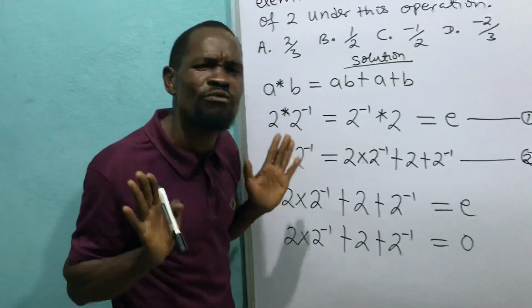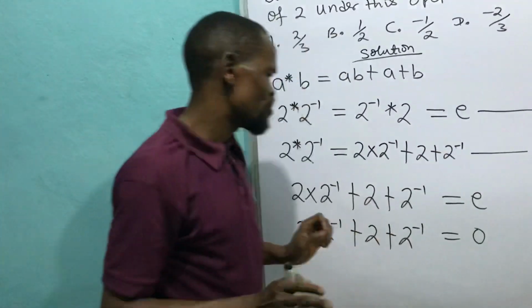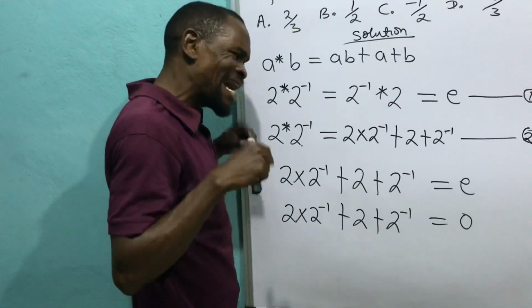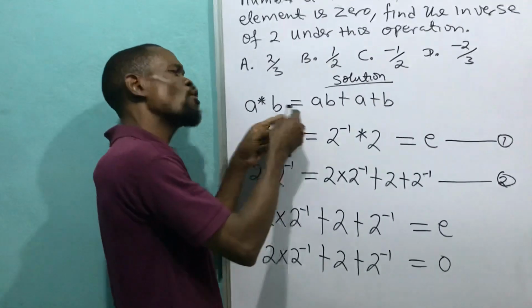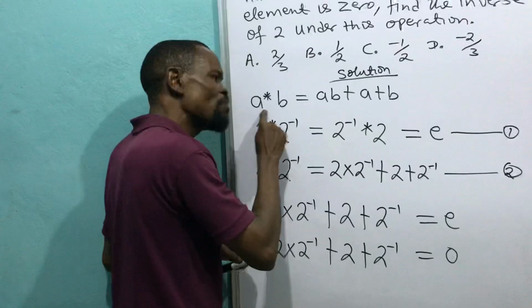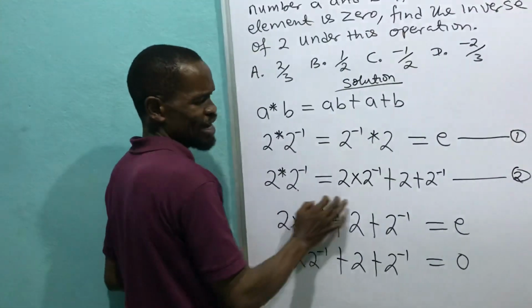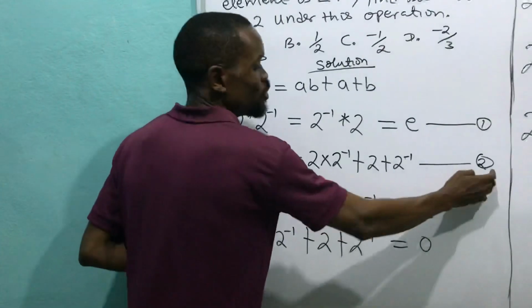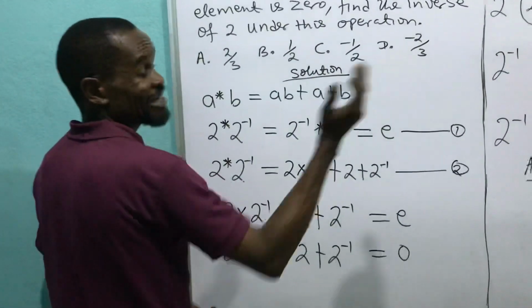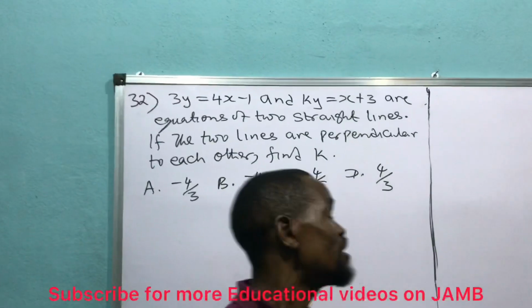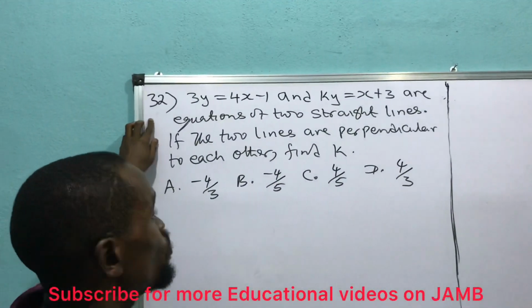That's the first thing I proved, and I call it equation 1. Then the second thing I did is that I found the inverse of 2 under the same operation, and I call it equation 2. I can now equate these two. That's how I started solving it. And that's it.